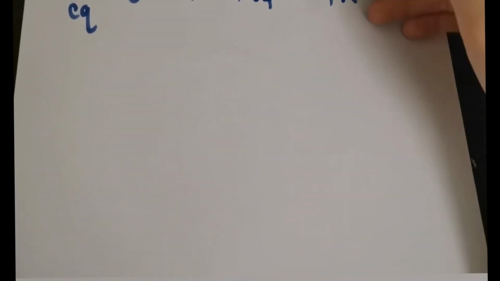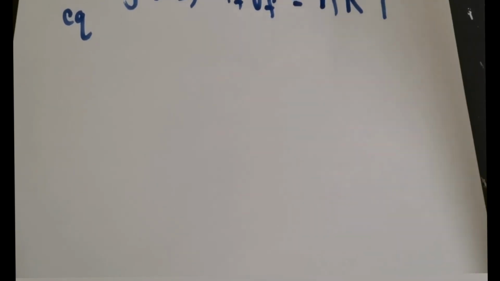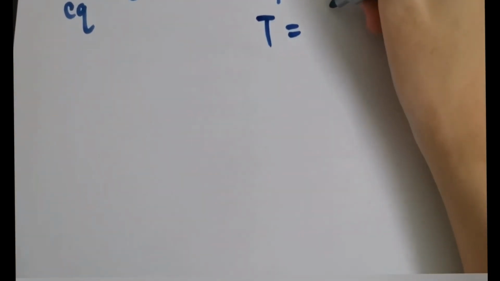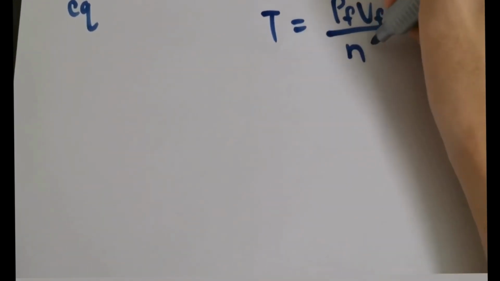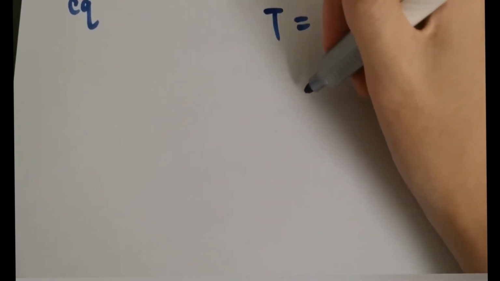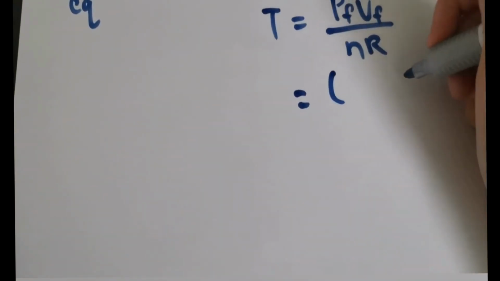We can just use P final times V final equals nRT. This is isothermal, so the temperature is the same, no need to write T final and T initial, it is the same thing. So we rearrange it and we will get this.